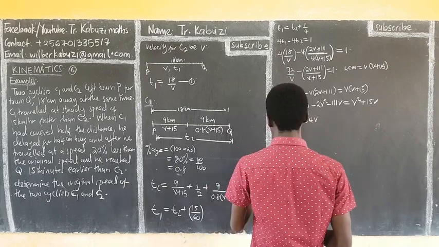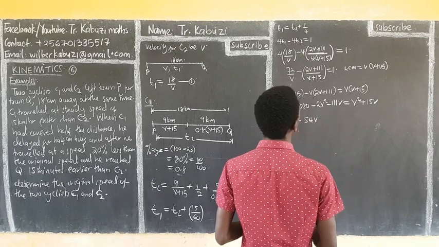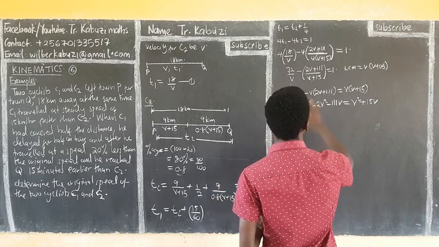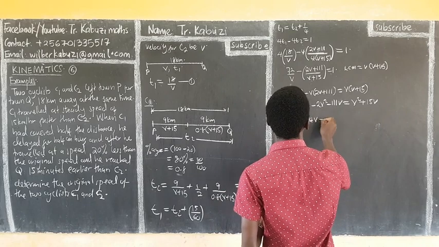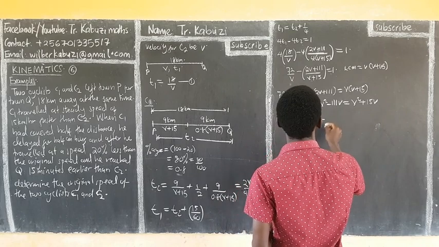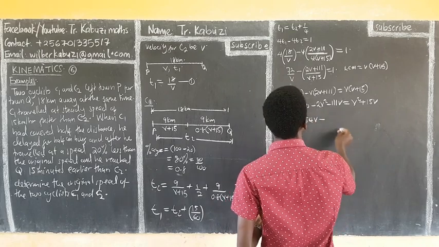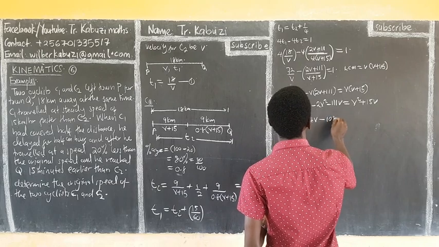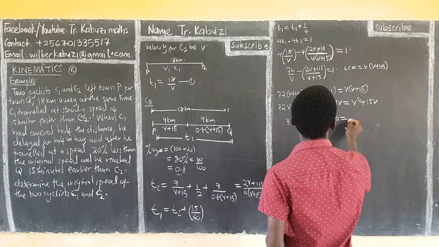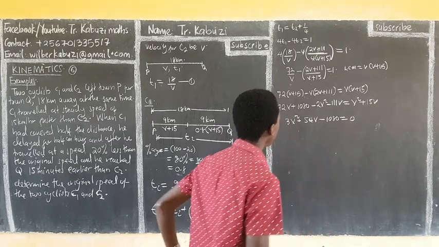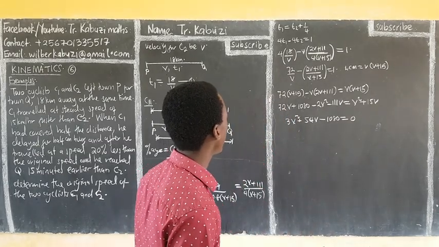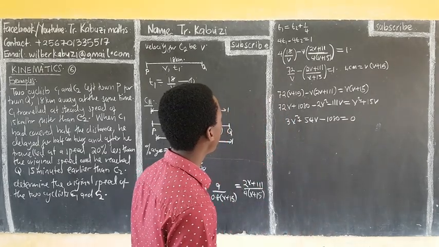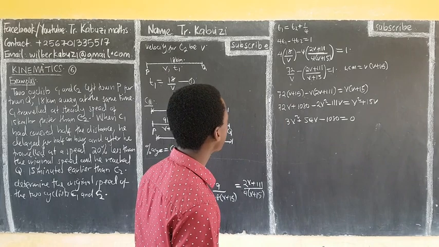Okay, so that's it then. And then when I take this side, I'll be having minus 1080 equaling 0. I think that's how we are able to simplify that.